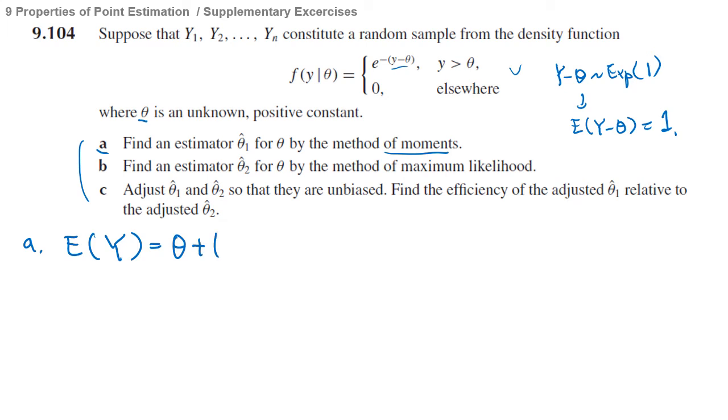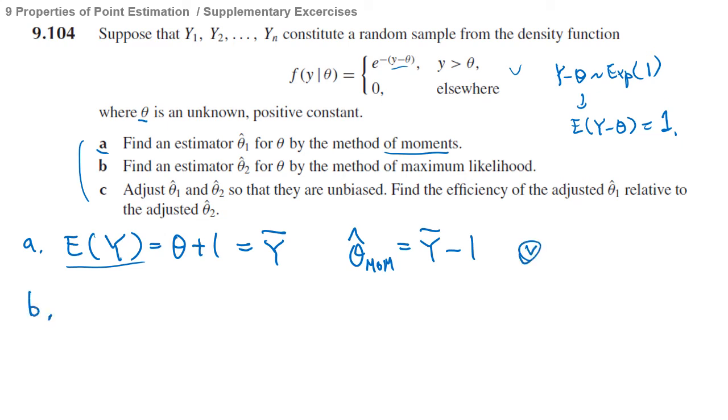Using the method of moments, we set it equal to the first sample moment, the sample mean y bar. So our estimate with the method of moments should be y bar minus 1.